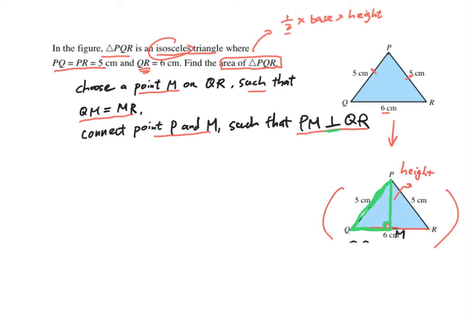So let's see the right angle triangle to see which sides are given. The hypotenuse is given, and the height is unknown. And one of the legs is known, which is 3, because M is the midpoint of QR, so QM is equal to 3, right? So now with two given sides, we can find the first side by using the Pythagoras theorem.